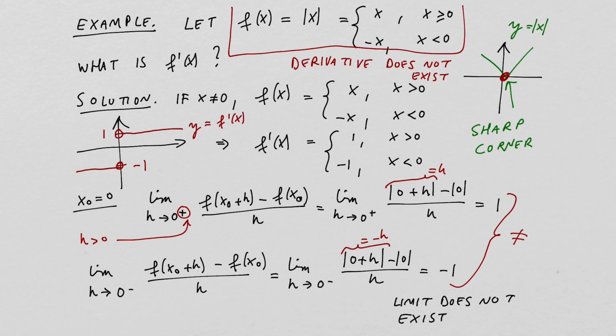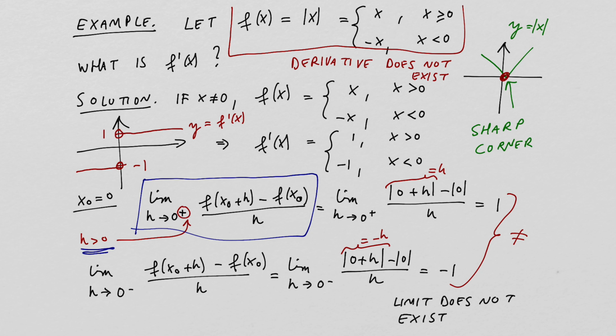So it seems that in 0 something problematic happens. If in 0 we calculate the one-sided limits, this is the limit when h goes to 0 from the positive side, so h is a positive number here.